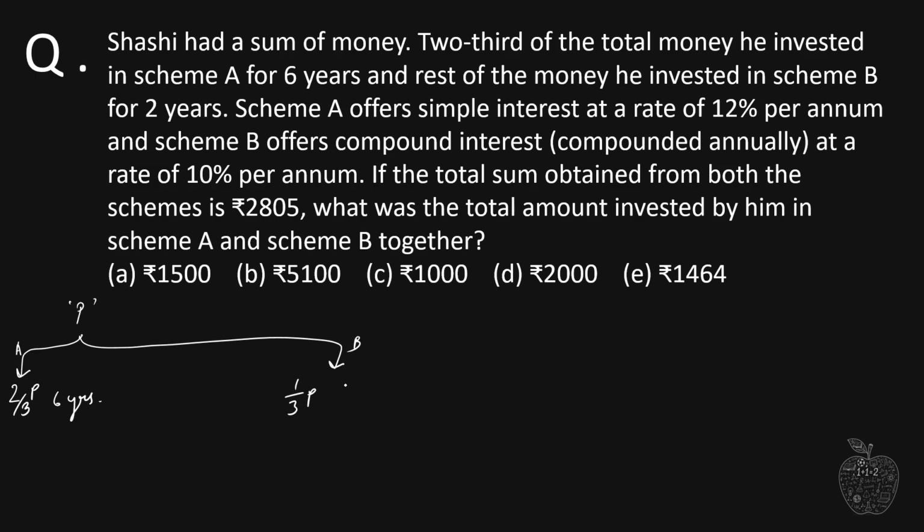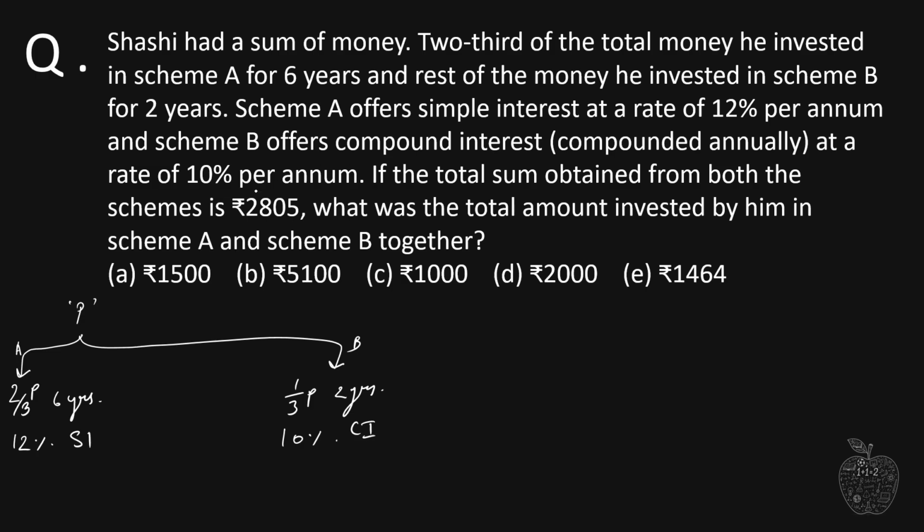Scheme A offers simple interest at a rate of 12% per annum, and scheme B offers compound interest at the rate of 10% per annum, compounded annually.